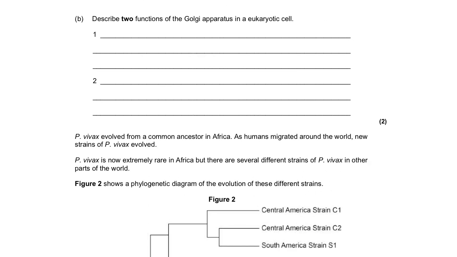Then we needed you to describe, so tell me what they do, two functions of the Golgi apparatus in a eukaryotic cell. Now here, the eukaryotic cell is kind of a moot point. It's just give two functions of the Golgi apparatus, because prokaryotes don't have a Golgi. You could have said that they modify, package, or transport proteins.